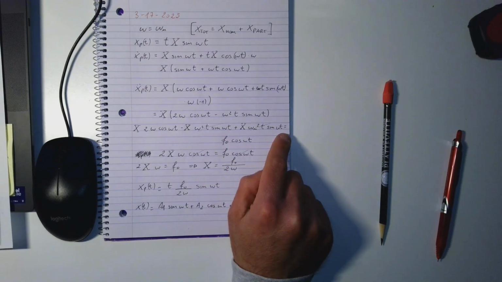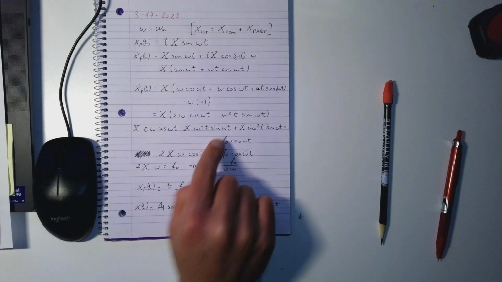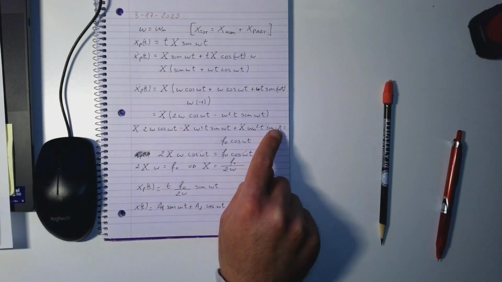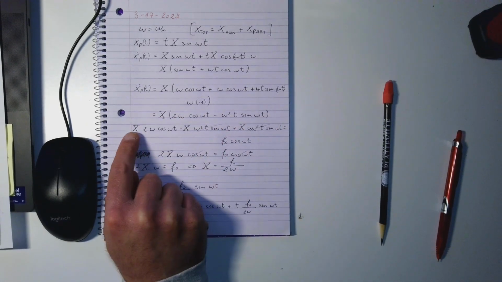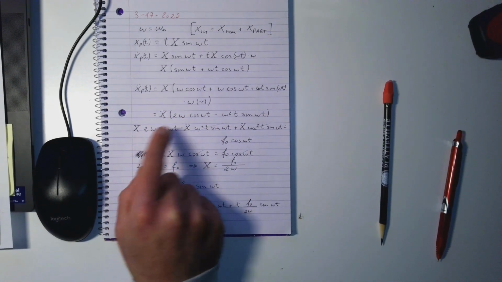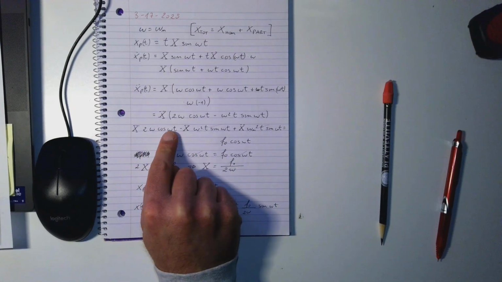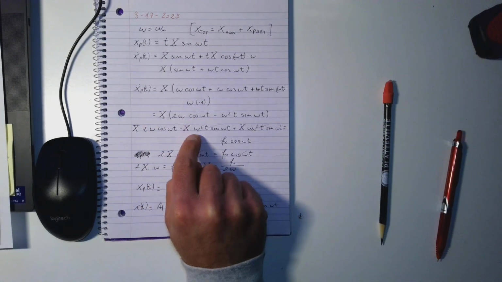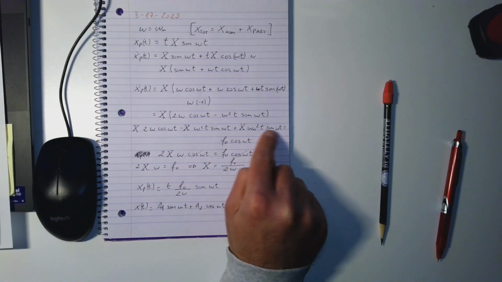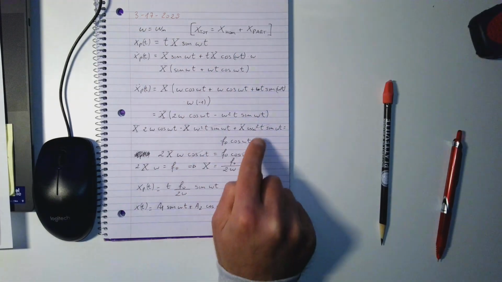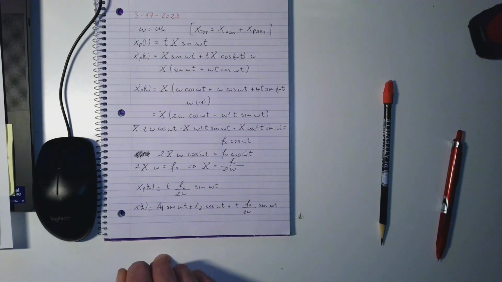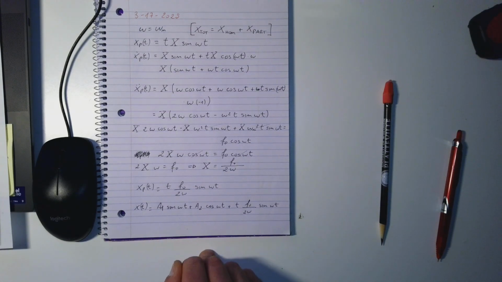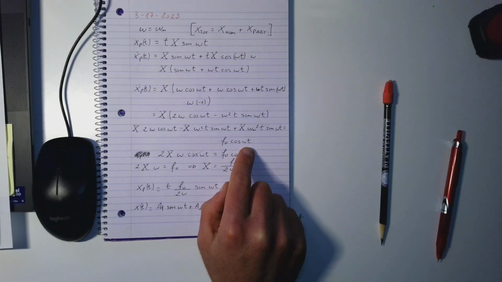You're talking about this term here. So here we plugged in the expression of the second derivative, which is x times 2 omega times cosine of omega t minus x omega squared t sine of omega t. If you remember, the equation is x double dot plus omega n square x equal to f0 cosine of omega t.